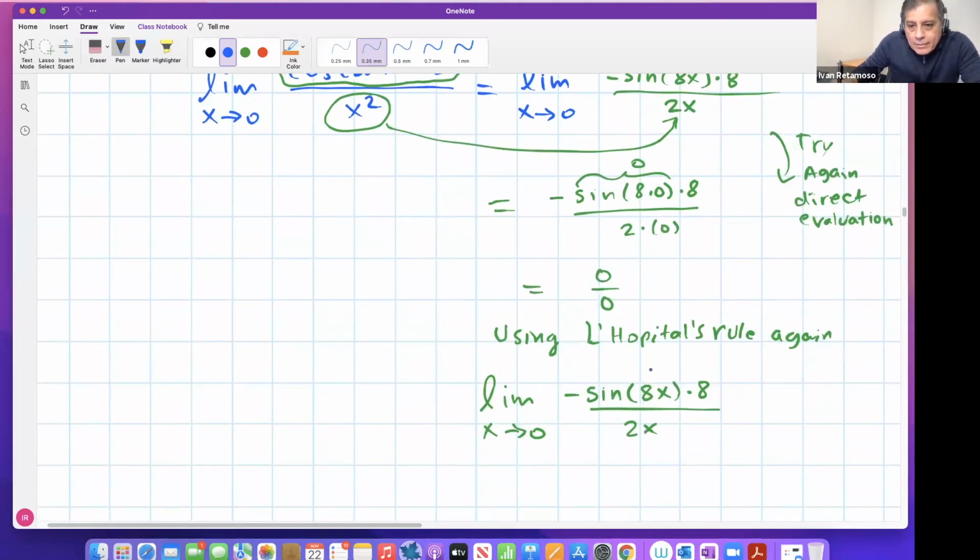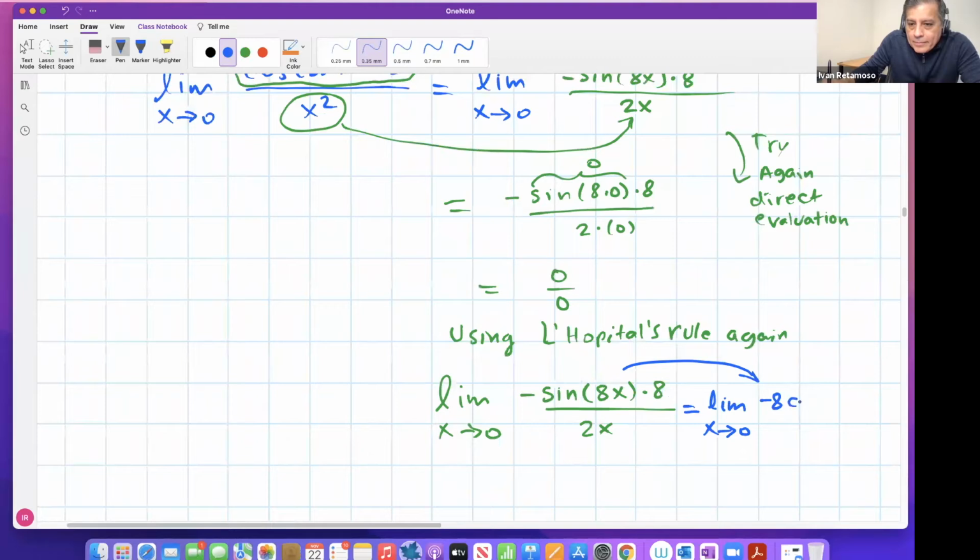Eventually it will work. So derivatives: this is minus 8, a constant, comes outside. Derivative of sine, cosine, cosine of 8x times derivative of the inside function, 8.